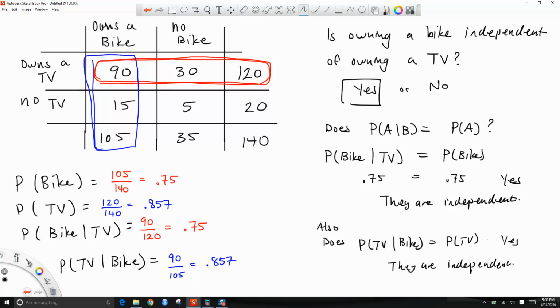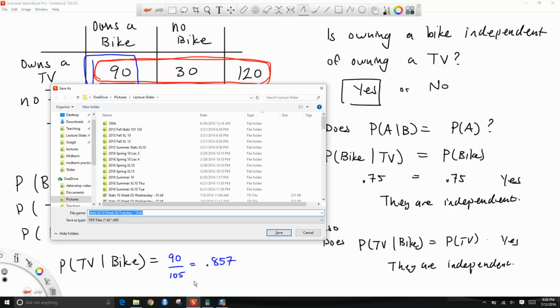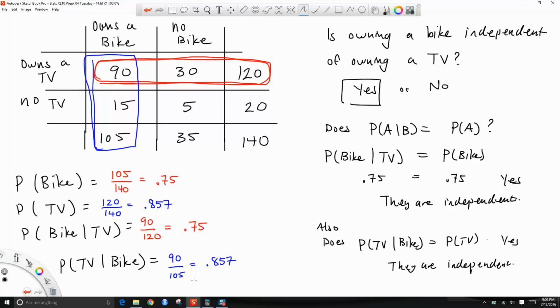So we can see that owning a TV or owning a bike, at least according to our data, and this is numbers that I made up, but according to this table, owning a bike has no influence on whether someone owns a TV, and vice versa. If someone owns a TV, it has no influence on whether or not that person owns a bike. Maybe that is or is not true in the real world, who knows, but that's what we have here.